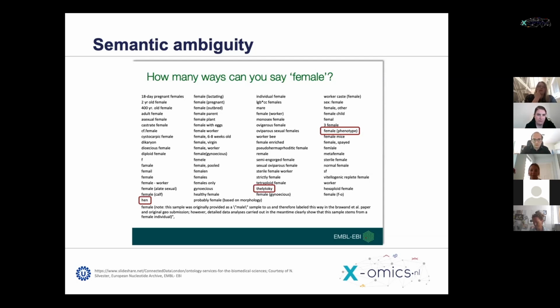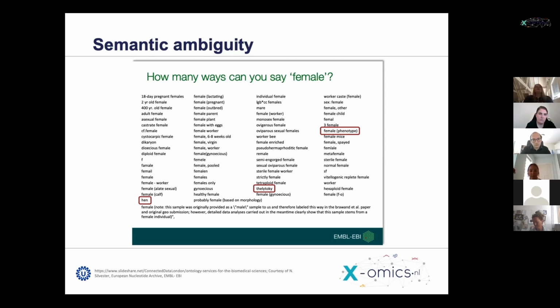For example, when you research chickens, female chickens are called hens. But if you research specific insects, a thelytokous is a female that reproduces in an asexual way. And of course, for humans, the phenotype female is most commonly used. Looking at this list, you can see that the semantic ambiguity is quite strong for the term female.